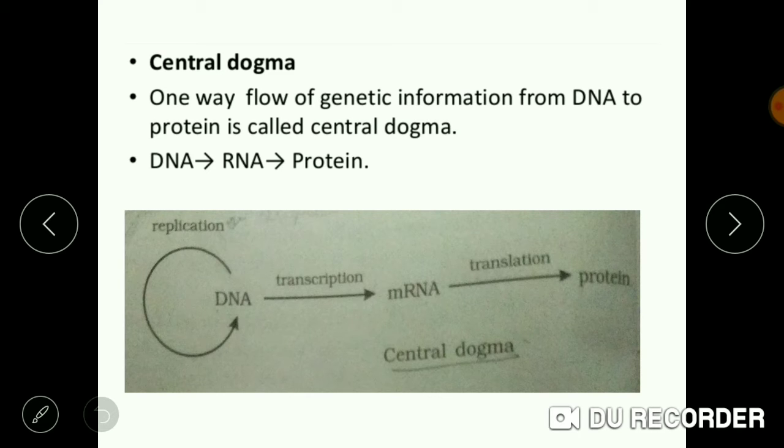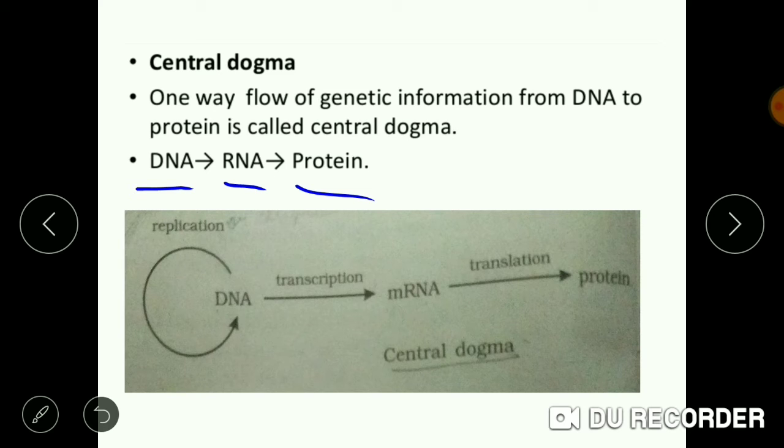Now we move on to what is central dogma, a very commonly asked question. Central dogma is the flow of genetic information from DNA to protein. The process of the flow of genetic information from DNA to protein is known as central dogma. So the flow of information takes place from DNA to RNA and then to protein.